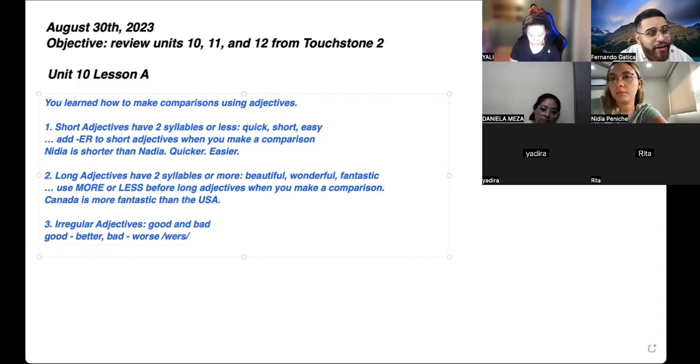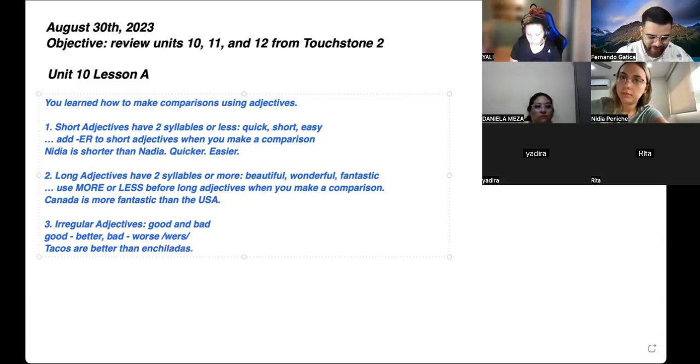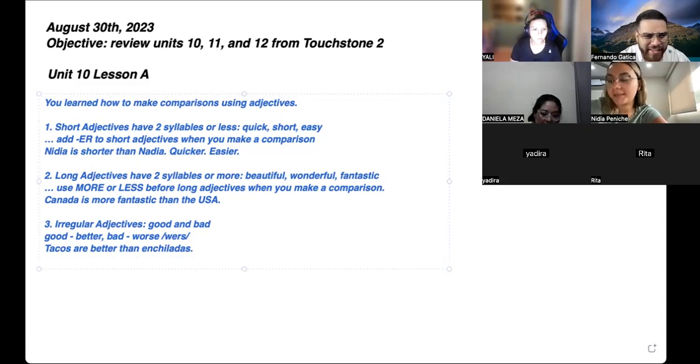How can I say los tacos son mejor que las enchiladas? Tacos are better than enchiladas. Do you agree? Maybe. All right. Enchiladas are special. They're very special. All right, cool.